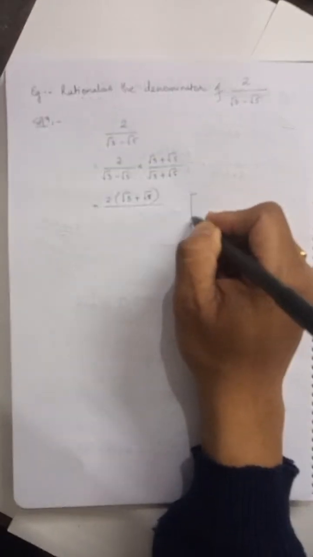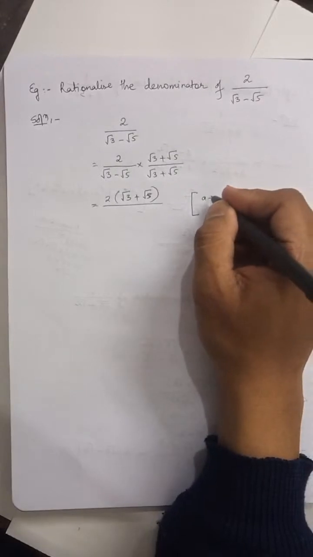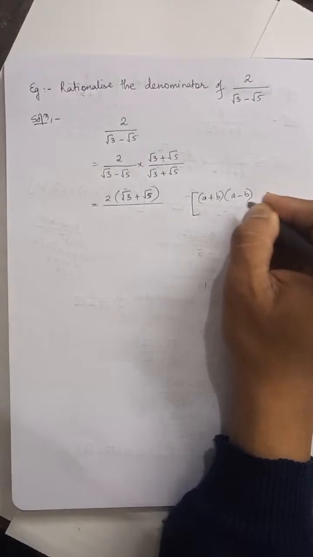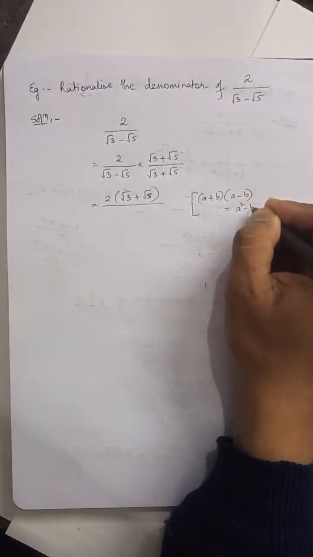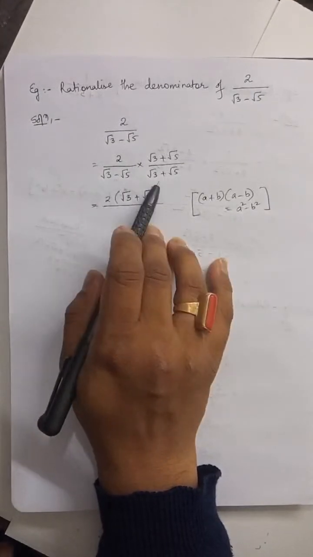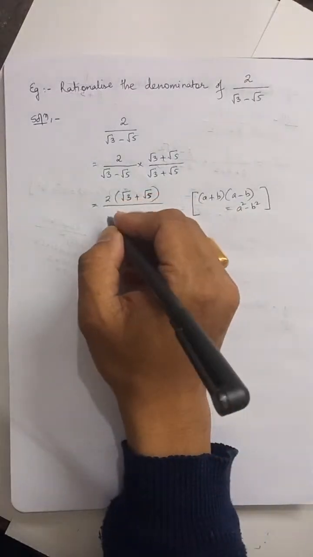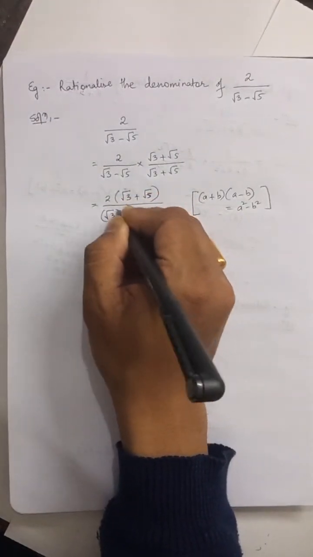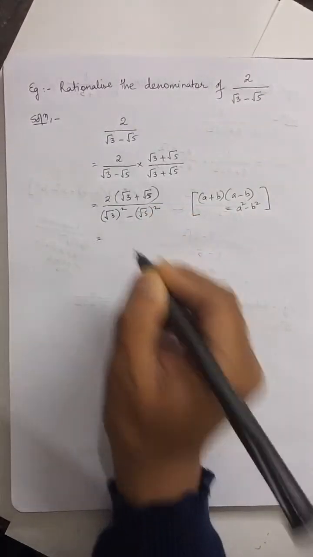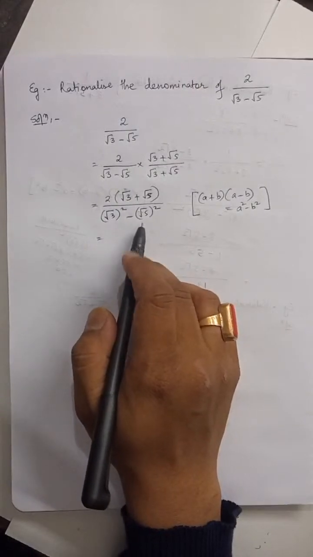Okay. And here we are going to use the same identity that we have been using. So we have a plus b into a minus b equals to a square minus b square. So root over 3 minus root over 5 into root over 3 plus root over 5. So root over 3 whole square minus root over 5 whole square. So root over 3 whole square is how much? 3, and root over 5 whole square is 5.